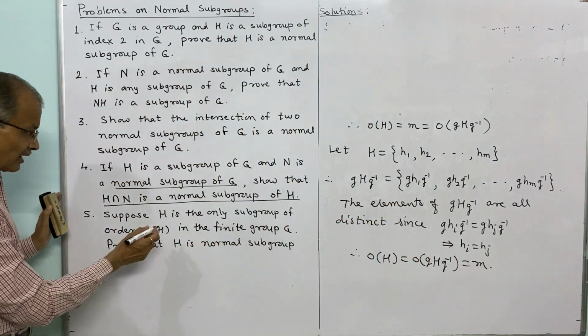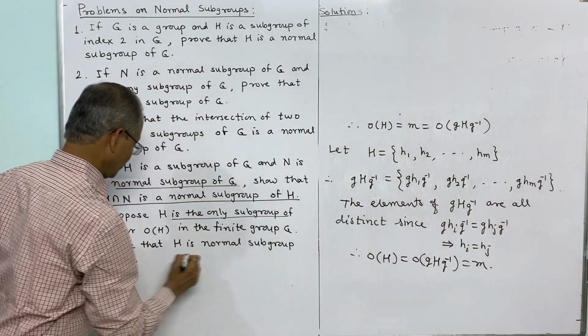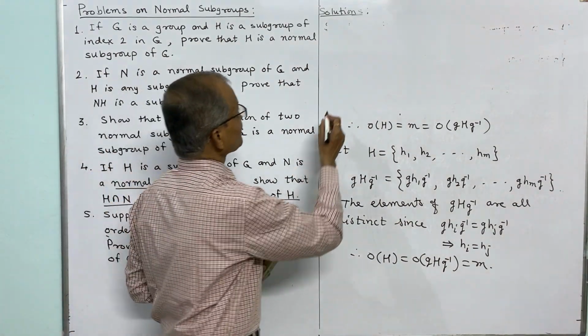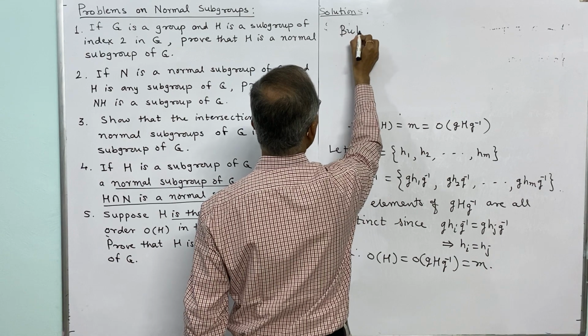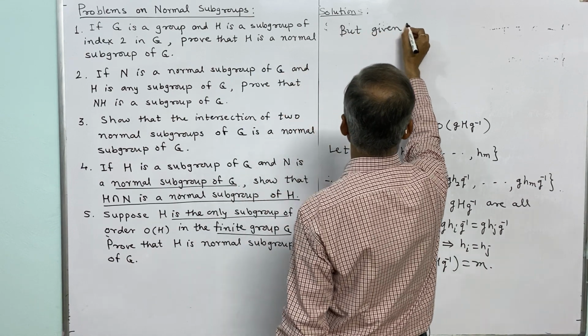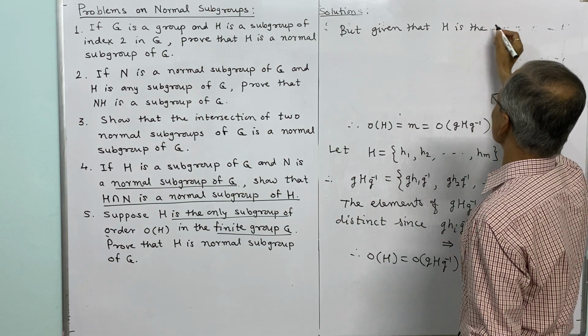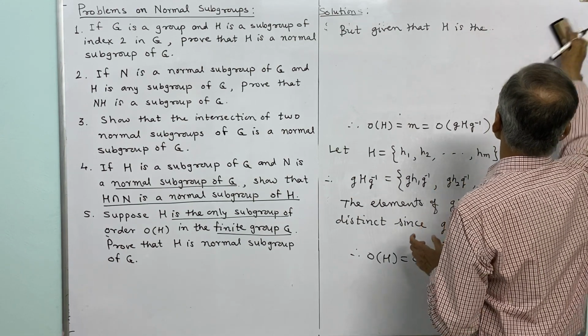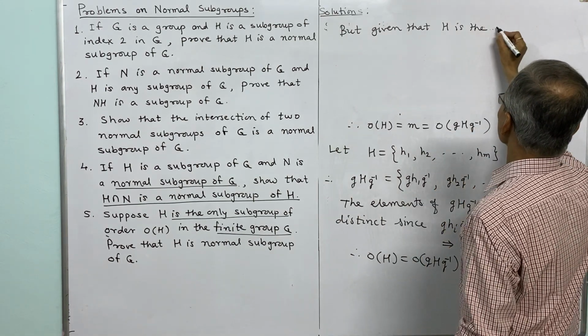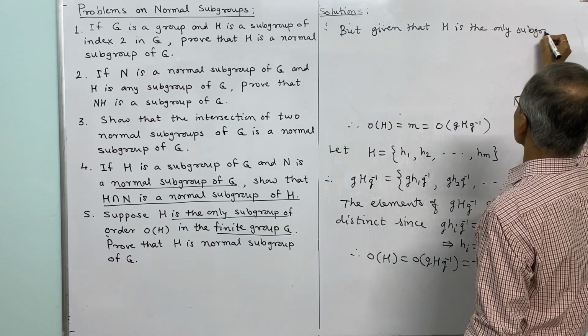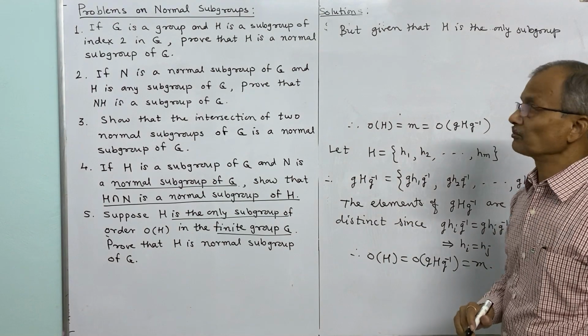But what is given? It is given that H is the only subgroup of the finite group G. That means G doesn't have any other subgroup.